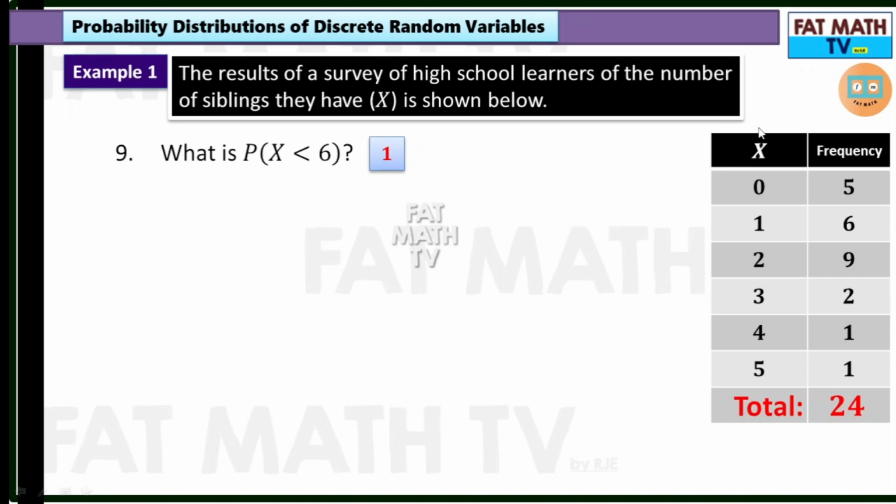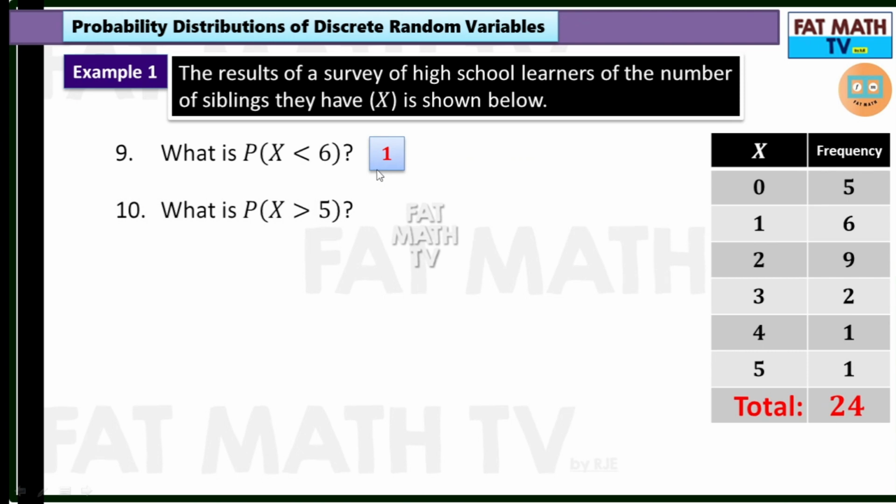Since we only have here number of siblings 0, 1, 2, 3, 4, 5, for sure the number of siblings is less than 6. So that is 1, meaning to say we are 100% sure that if we select a learner, then the probability that he or she has less than 6 siblings is 1 or 100%.